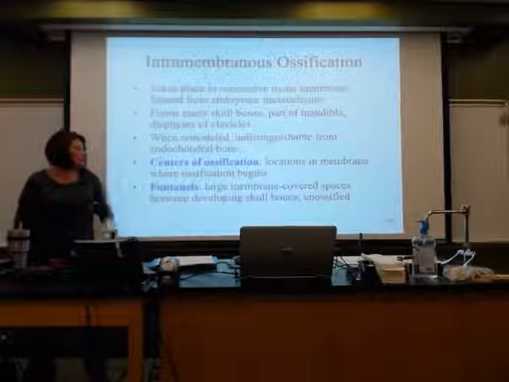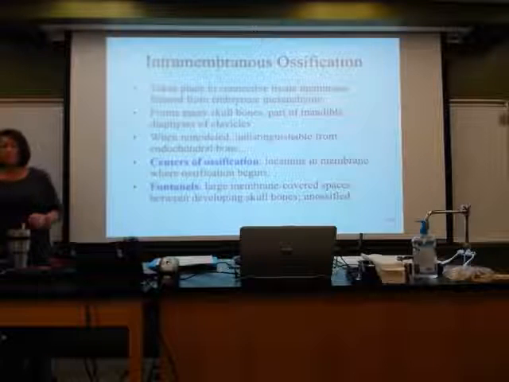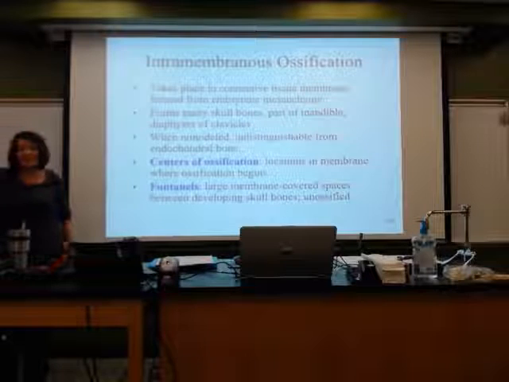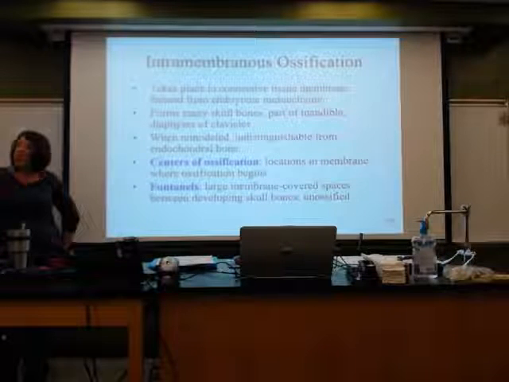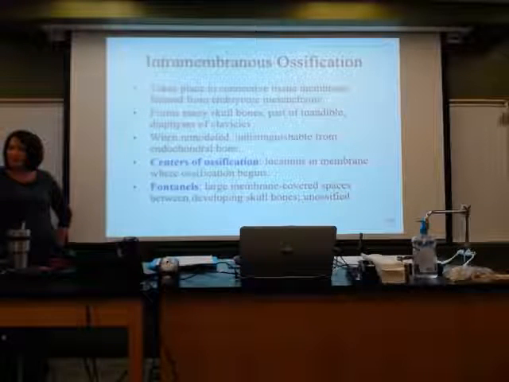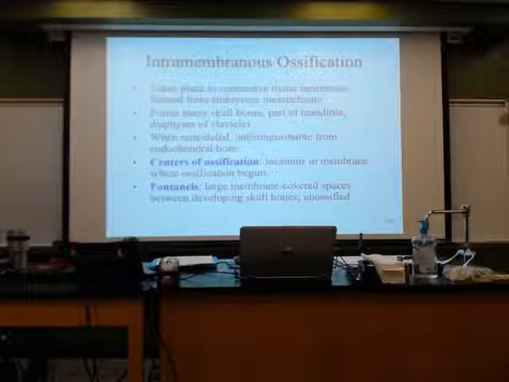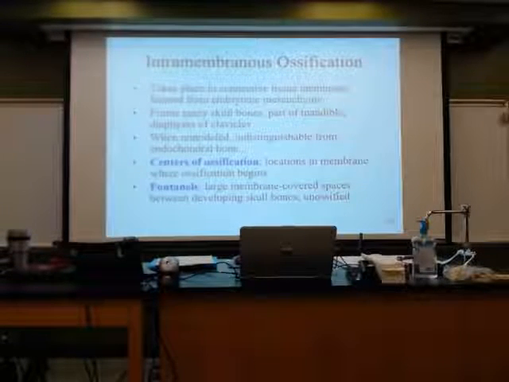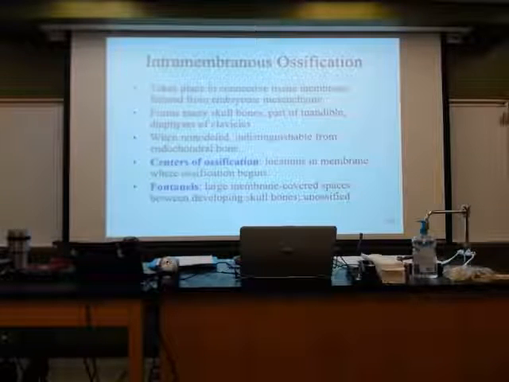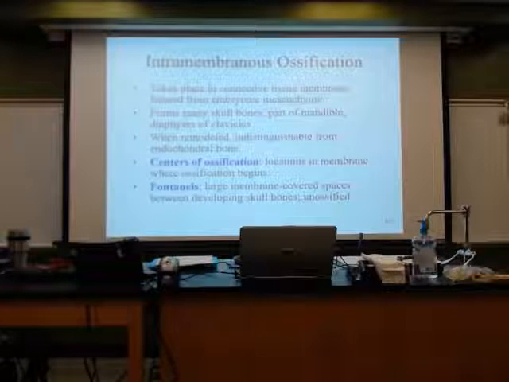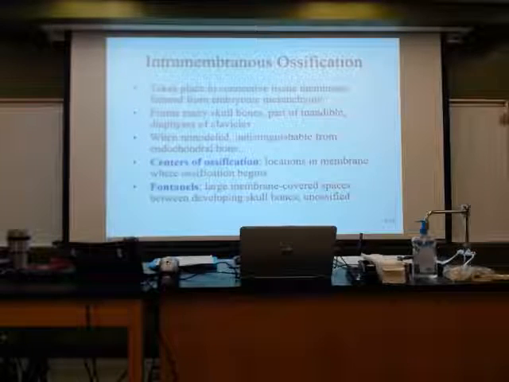A very good example of how this takes place in utero is what we see in the fontanelles of the baby skull. Okay? When you look at the fontanelles, even though we don't see it, what's there in this region is a membrane.